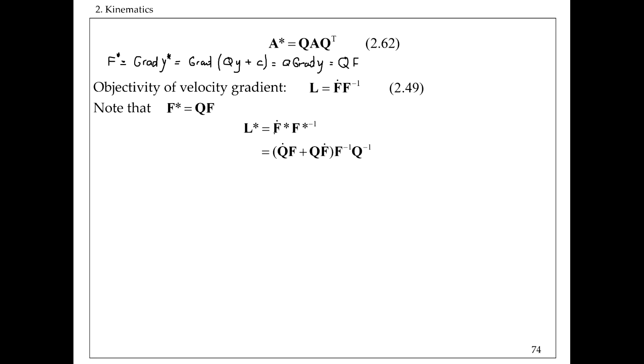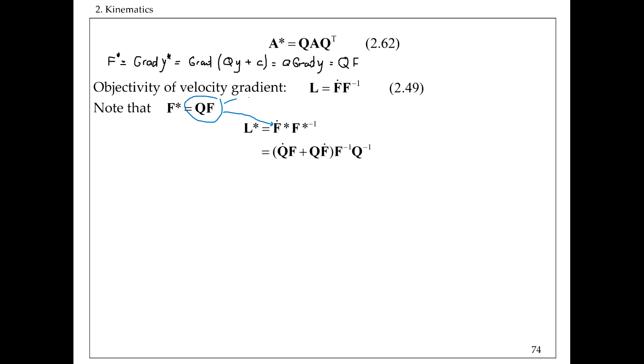Here we are going to use what we just derived for F star. Because it's QF, we substitute this in here and take the time derivative, and what we obtain is Q dot F, the first term, and the second term is Q F dot. With the multiplication, we have two terms when we take the time derivative.